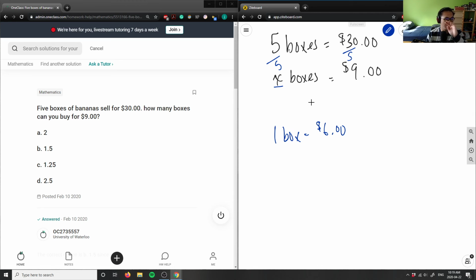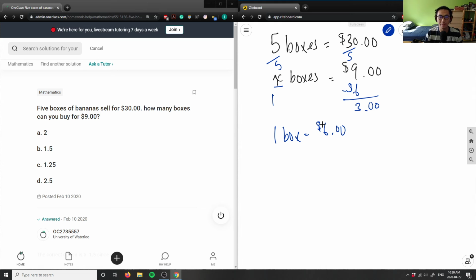Or I can actually do this by inspection. If 1 box equals $6, I subtract $6 from $9 and I get $3 left. So my box count is currently at 1, but I have $3 remaining. With $3, can I buy 1 box? I cannot.